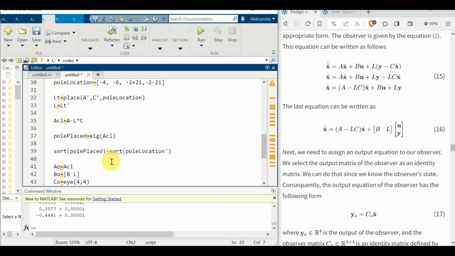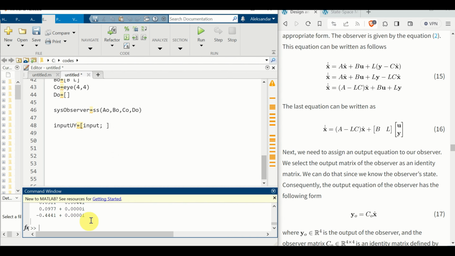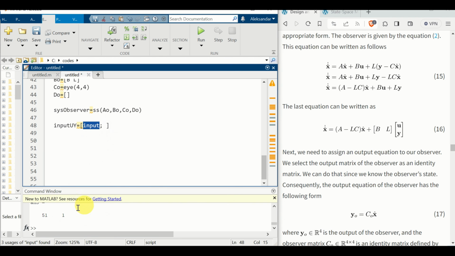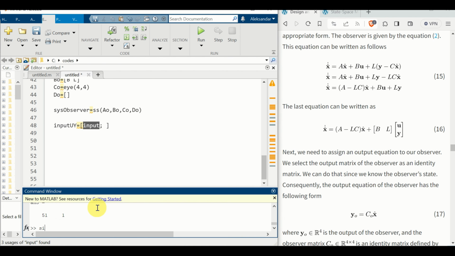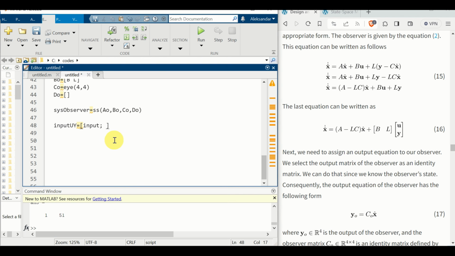And over here you have to be very careful. Let's look into dimensions of y true. The dimensions of y true is 51 and 1. Let's see the dimensions of the input. 1 by 51. Consequently, we need actually to transpose our output.